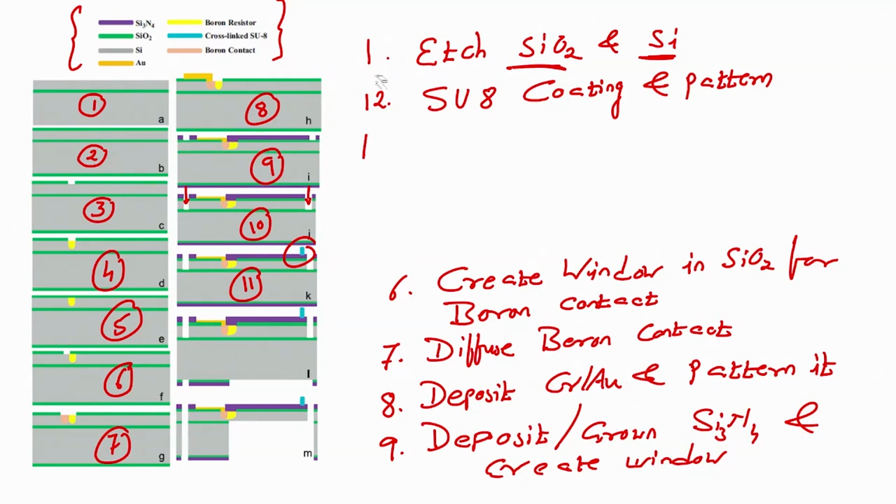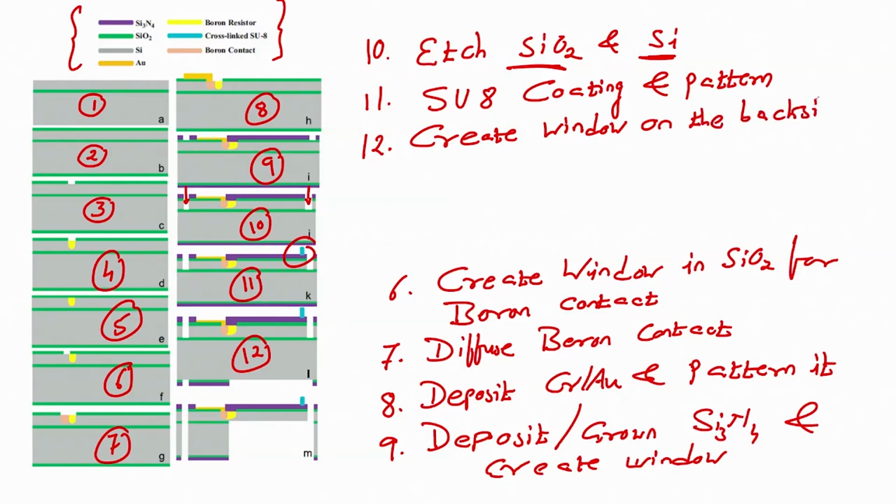Next step, I think this is number 10, 11, 12. Yeah. Next step, what is the next step? Create a window on the back side of the wafer.